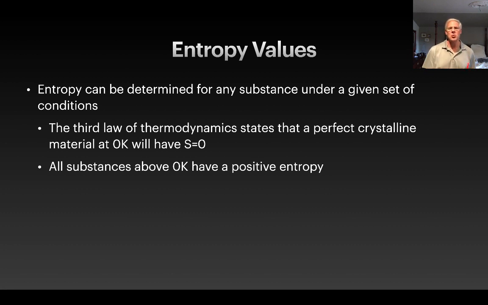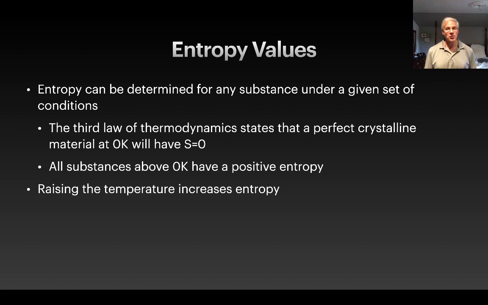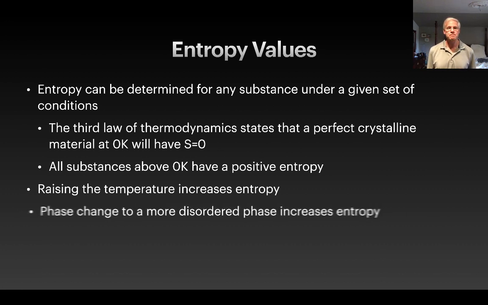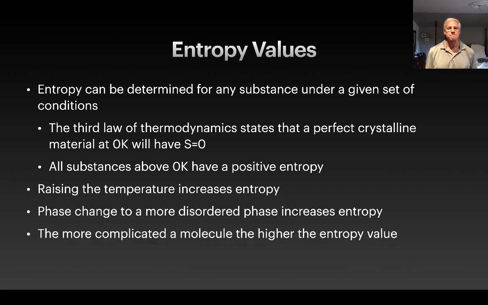So as soon as we go into positive temperatures in Kelvin, that's the only way you can go, you will have a positive entropy because you start to have some thermal motion in there. So when we raise the temperature, we increase the entropy of our system. If you go to a phase change, to a more disordered phase, in other words, solid to liquid, liquid to gas, you're going to increase the entropy value as well.